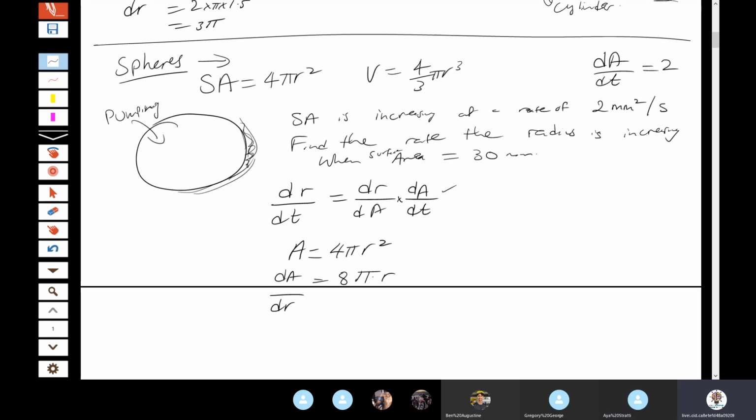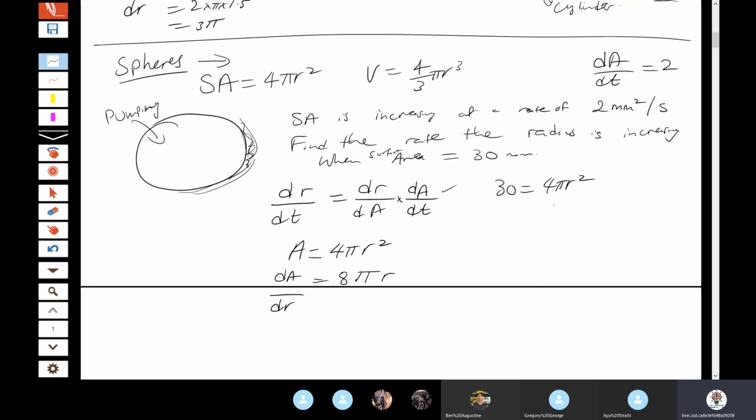And then happy days, take the reciprocal, and it should be easy. But it's not. Can anyone tell me what to do now? Rearrange the surface area? Too easy. If I gave you surface area is 30, you sub it into here. So you get 30 equals 4 pi r squared, and you'll just solve for r. That makes sense, doesn't it?